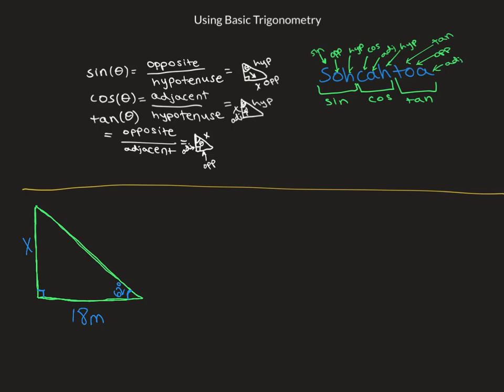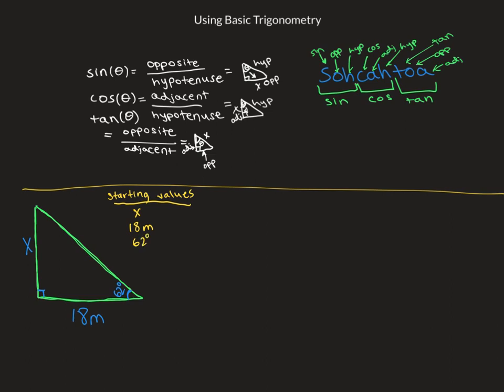Now, here we have to look at what things we are given. So, what values are we given so far? We are given our values that we have at the start. So, let me just write starting values: we have x, 18 meters, and 62 degrees.